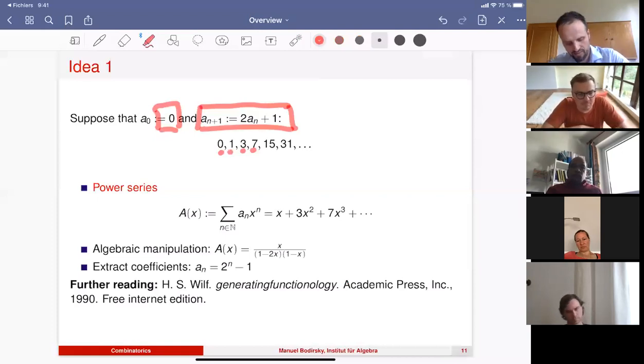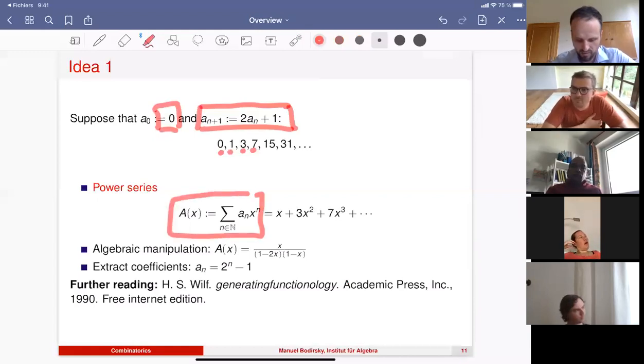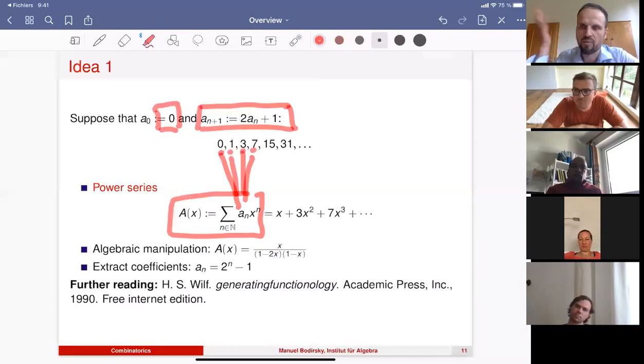The first step is almost like a recipe. We first define the following formal object. We turn this into a power series where the coefficients are the numbers that we are interested in. We have this formal variable x, and x to the n labels the nth number. Now we can view this as a power series and perform algebraic manipulations.